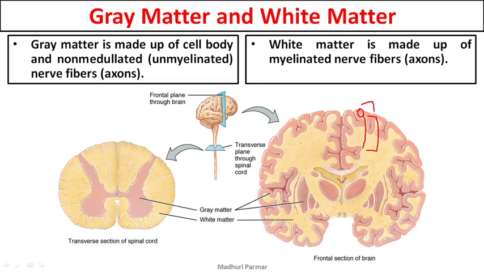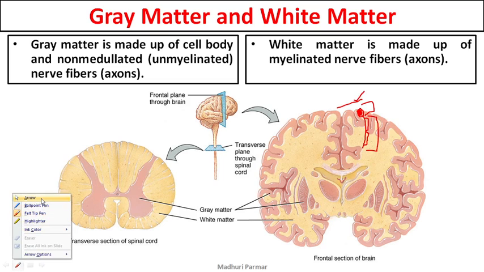Wherever there is the cell body, it is known as gray matter because myelin is absent there, and you have a huge nucleus in the cell body, which gives it this grayish color. Apart from the cell body, you can also have axons or nerve fibers which are not myelinated. So these here are myelinated, and you can have non-myelinated fibers also present in the gray matter. I hope now it is clear to you.